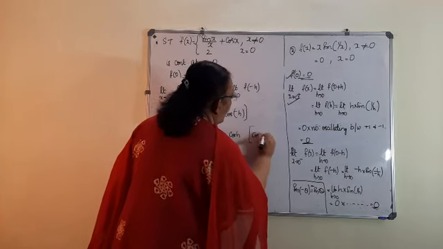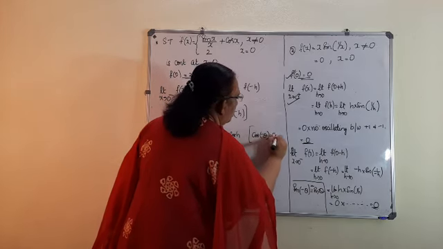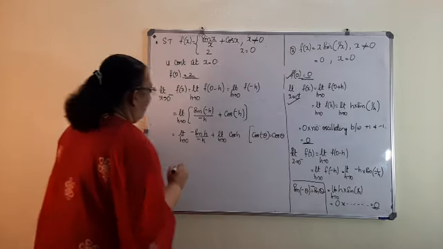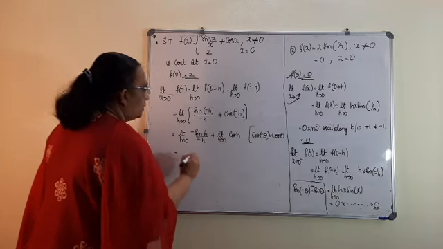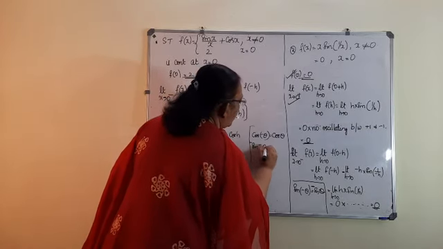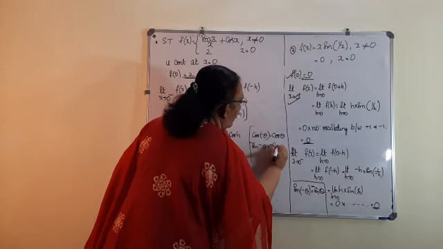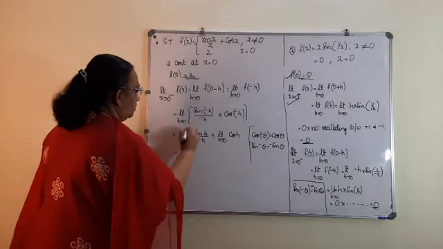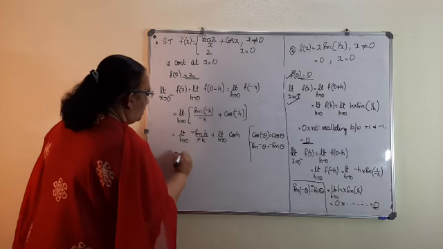Cos of minus theta is equal to cos theta, and at the same time sine of minus theta is equal to minus sine theta. So, minus and minus cancel.